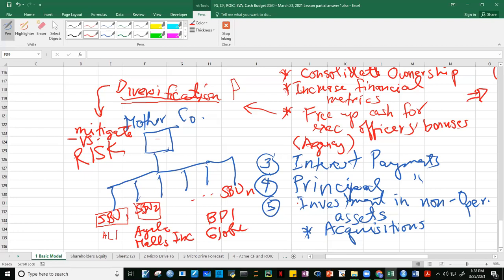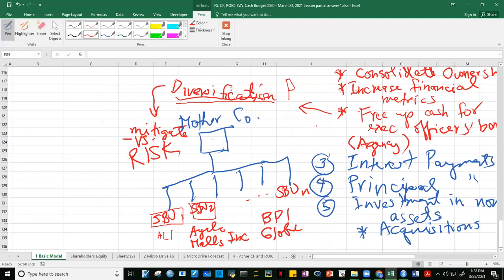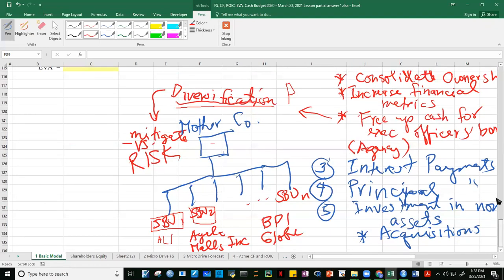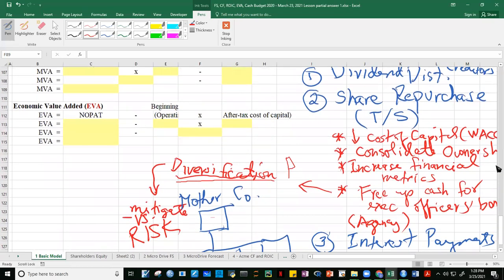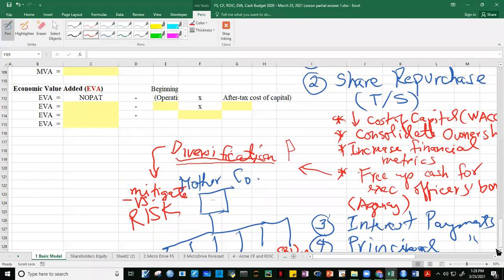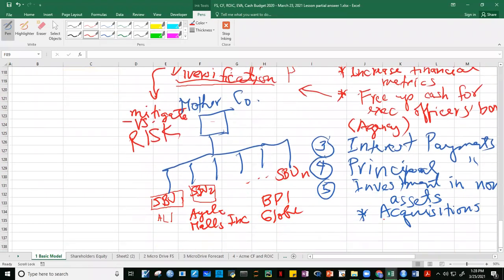Okay, well, this is really more on investing, no? Which we're going to talk about later in another module. But I just pinpointed this out to you. Okay, so the fifth objective, the fifth use of free cash flow is investment in non-operating assets.